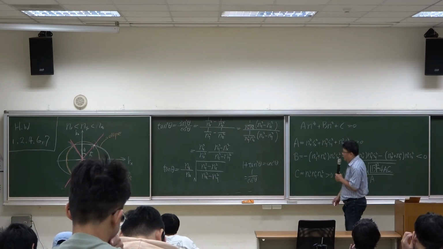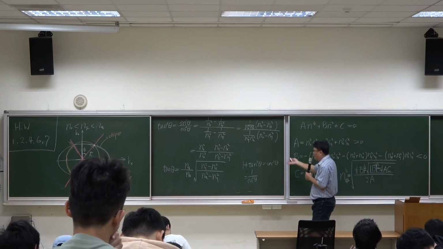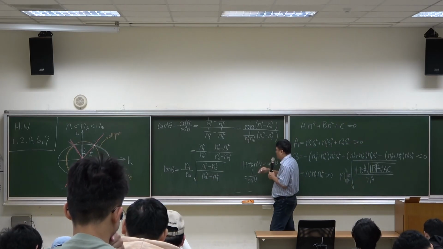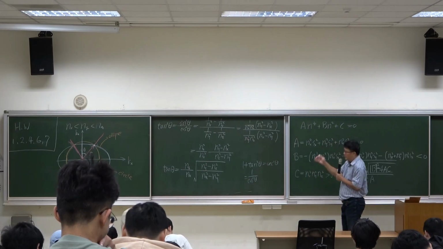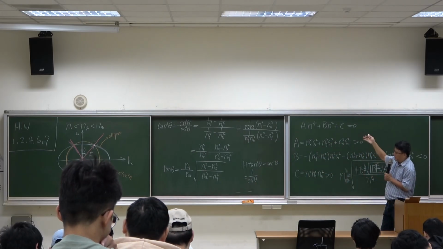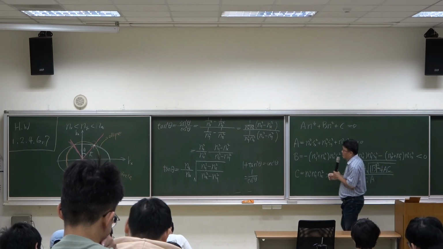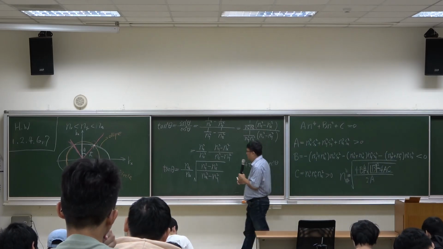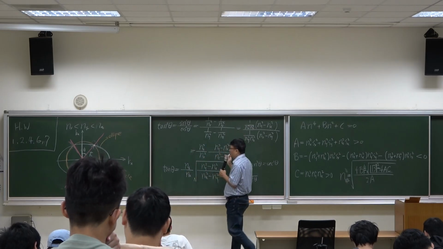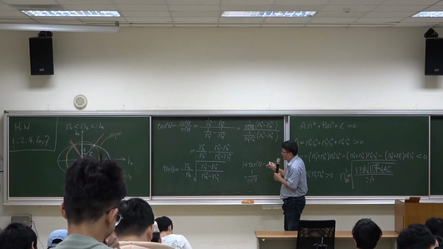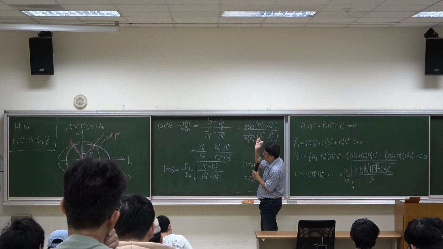Okay, so you can use this result to find the cosine, and you can use cosine to find sine. Okay, because the summation of cosine square and sine square is equal to 1. Okay, so you can use all these refractive indices to find the direction of the optic axis.